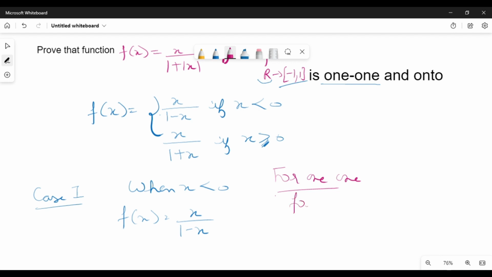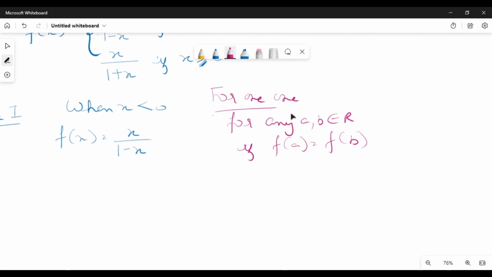For any a, b belonging to R, that is the domain of this function, suppose f of a is equal to f of b, that is, the images of the two elements are the same. Then it is one-one only if the elements are also the same. If the elements come out to be different, then two different elements have the same image, so the function will be many-one. But we have to prove that the function is one-one.